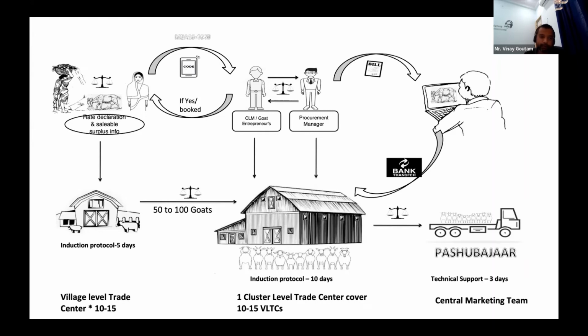If any goat farmer wants to sell their surplus goat, they inform the CLM. This is the next level in the form of a code. You can see this code is M2A16-4600. M2 means this is a male, 2 teeth, A grade, 16 kg, and 4600 is as per the live body weight rate.